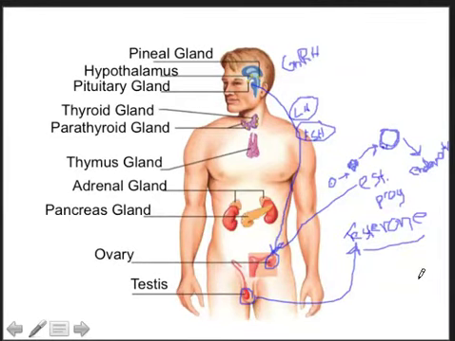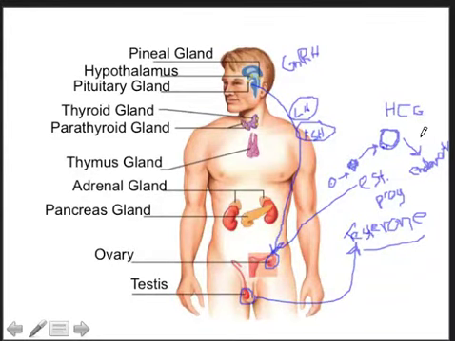The chorion will secrete a hormone called human chorionic gonadotropin, or HCG. And what HCG will do for the first 1.5 trimesters of the pregnancy is allow that corpus luteum to remain intact inside the ovary and continue to secrete progesterone, which will maintain the endometrium long enough for eventually the chorion to transform into the placenta and the umbilical cord.